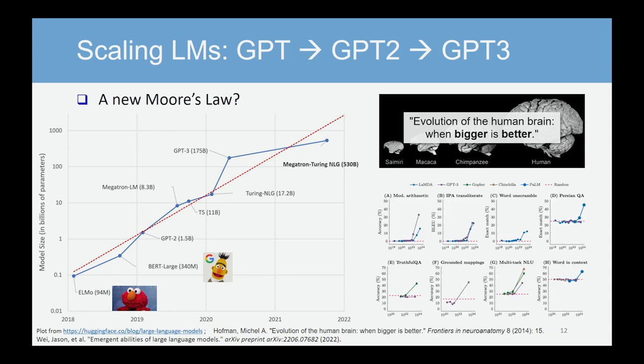The researchers tried to examine the capability of these language models on different tasks. You can see here there are a few curves that look like this. It's almost flat in the beginning, and that level is similar to a random guess on these questions. And suddenly, when the model size, the x-axis, passes a threshold, you can see a dramatic growth in the capability of the model.